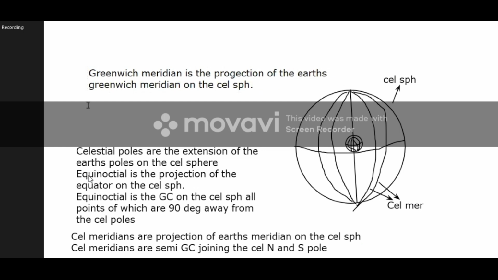Now suppose we say that this is the Greenwich meridian. I call this the Greenwich meridian. What is written below I can erase. Yes, sir. This is the Greenwich meridian.